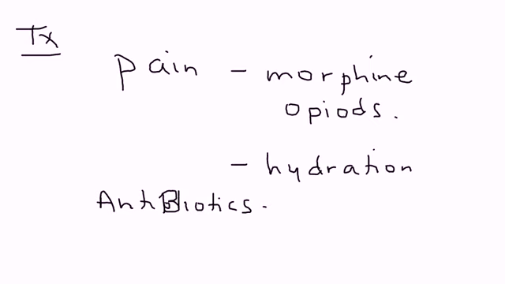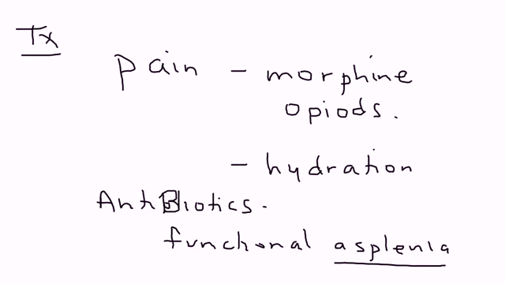So you get something called functional asplenia. And what that means is that asplenia, by definition, means the patient doesn't have a spleen. These patients do have a spleen, but the spleen is not functioning properly. So that's why it's called functional asplenia.